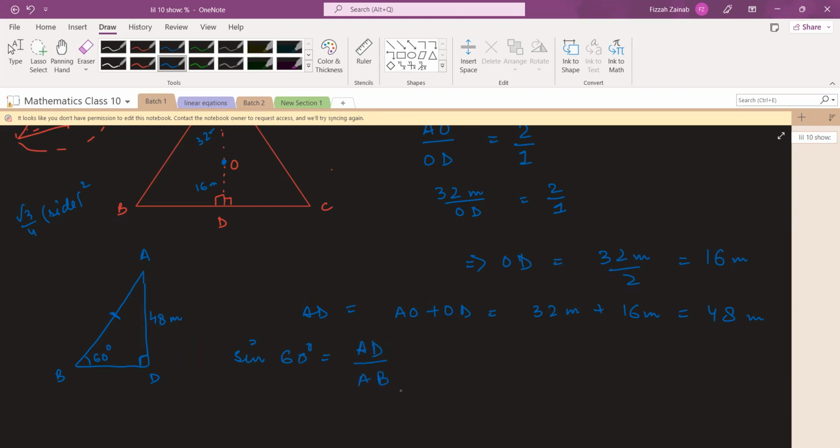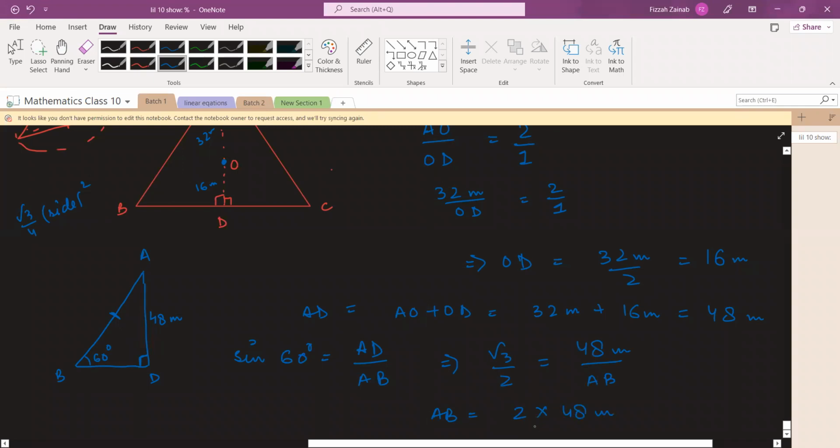Sine 60 is √3/2. So √3/2 is equal to AD, which I already know, over AB, which I want to know. Just do cross multiplication. So AB will be 2 into 48 meter divided by √3, right?